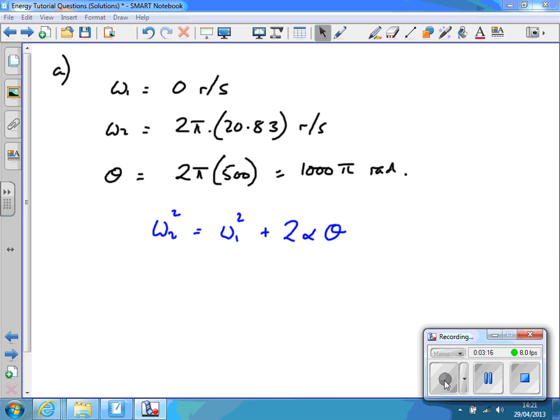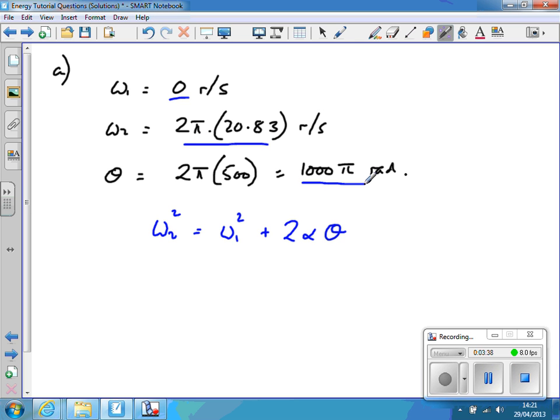So part A is, if we get the relevant information, because this is the formula that we're going to be interested in, because we know that omega 1 is 0, we know omega 2 is 2 pi times the frequency, and we know that theta is 2 pi times n, the number of revolutions. So we've got omega 1, omega 2, and theta.